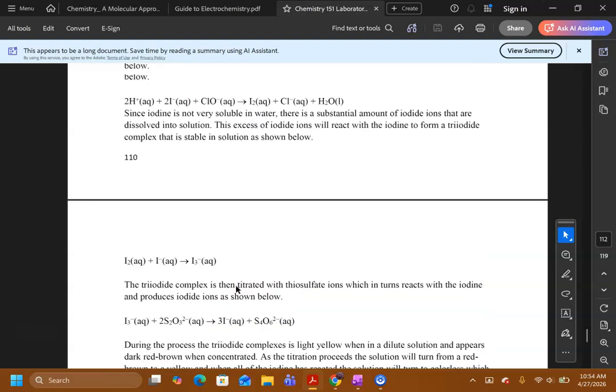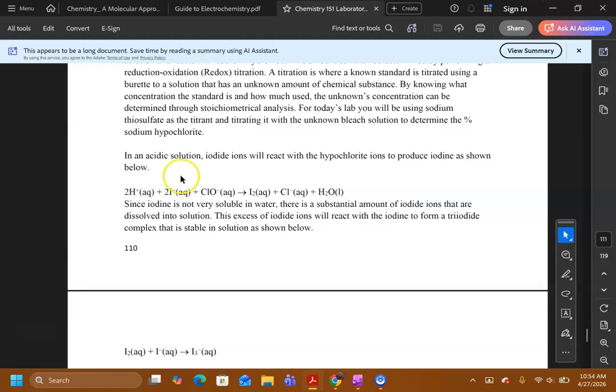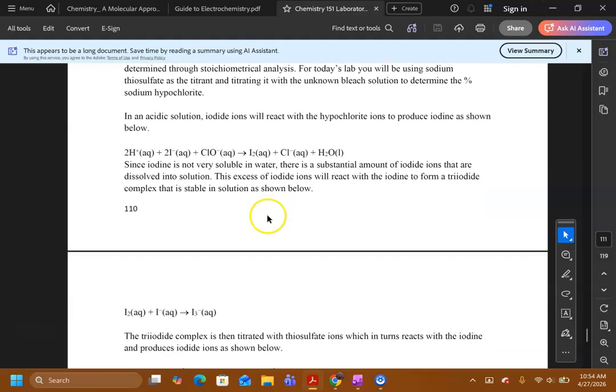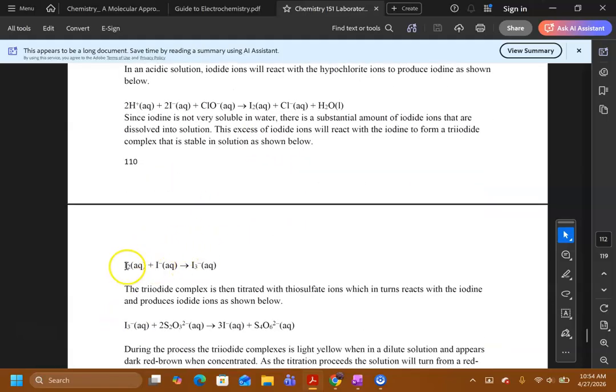And so to alleviate the issue with the iodine precipitating out, what we do is we make a very acidic solution with hydrochloric acid, and this solution that's formed then creates what we know as a triiodide complex, because the iodine reacts with some of the iodide that's left and forms this complex, which is much more stable in solution.